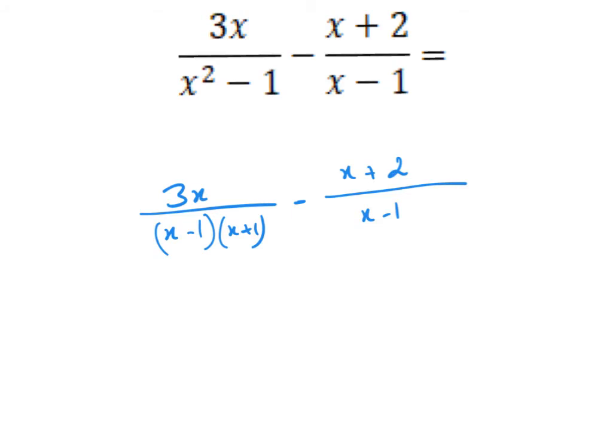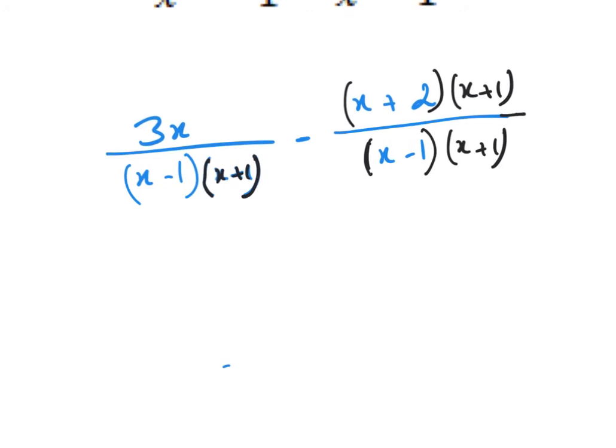The first fraction has x minus 1 times x plus 1, and here we have x minus 1 and we don't have x plus 1, so we multiply by x plus 1 in order to have the same denominator. And make sure you multiply by x plus 1 on the top right here, right?